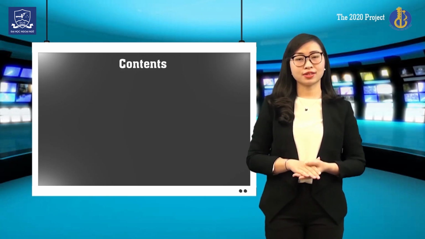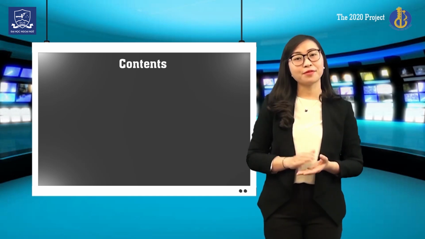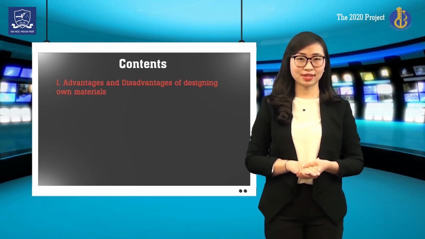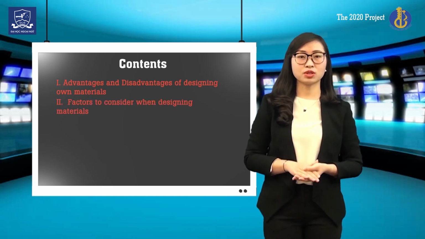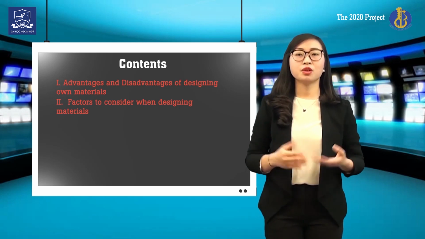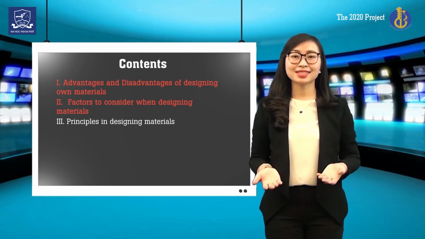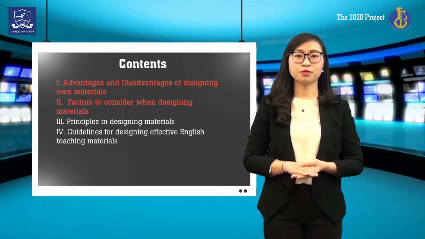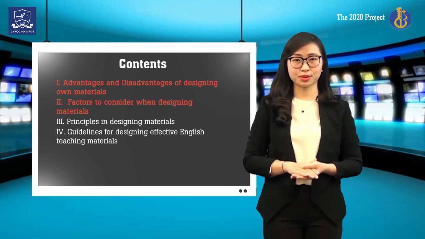In this lecture, there are four main parts that we're going to focus on, namely, the advantages and disadvantages of designing materials, the factors to consider when designing materials, the principles in designing materials, and lastly, the guidelines for designing effective English teaching materials.